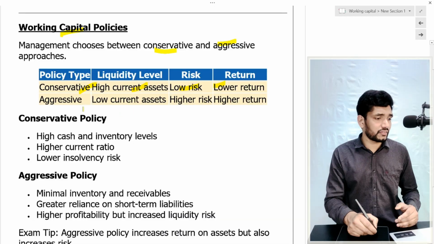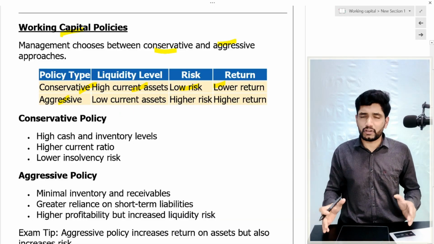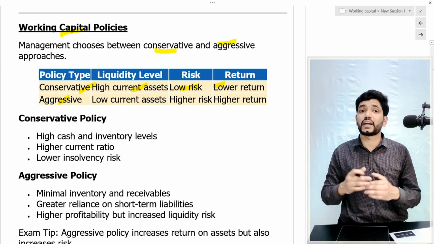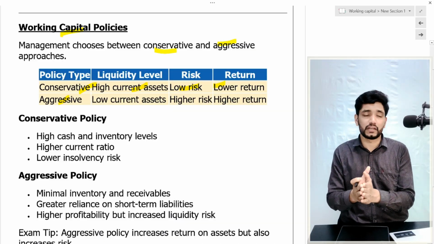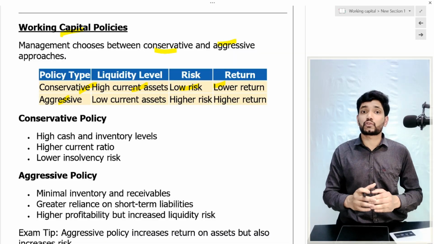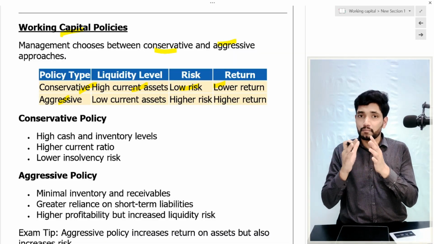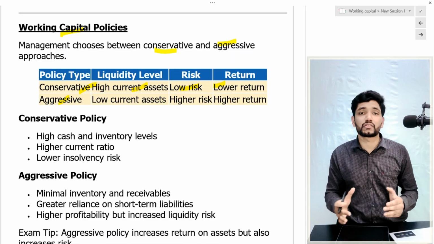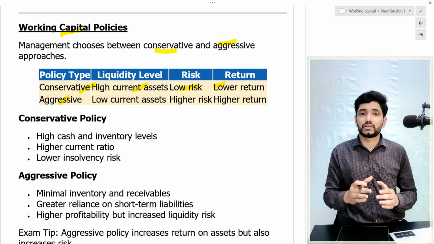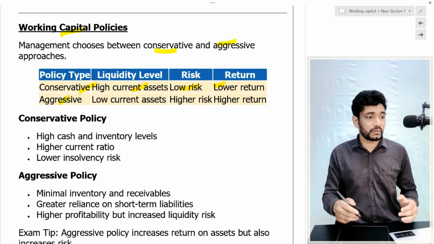But when it comes to the aggressive working capital approach, the company doesn't want to invest heavily into working capital. It wants to invest only based on the exact working capital requirement. So in the aggressive approach, the working capital investment will be lower.